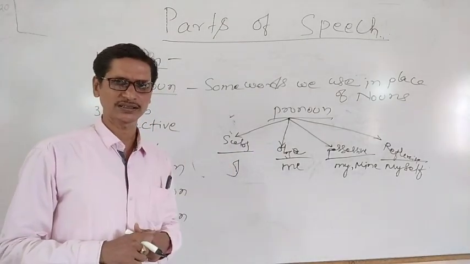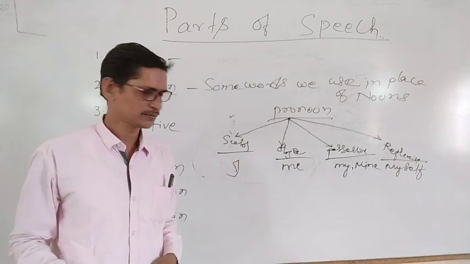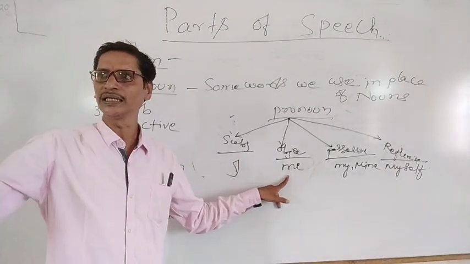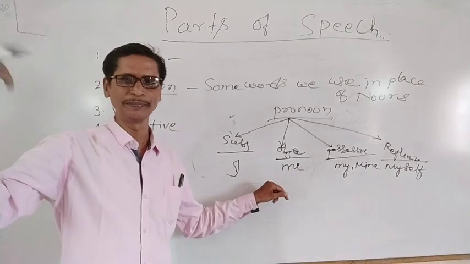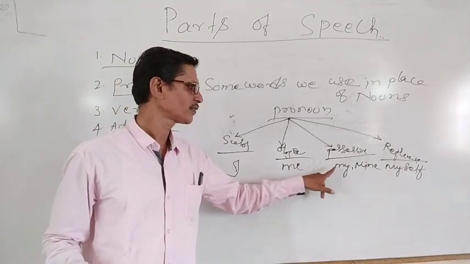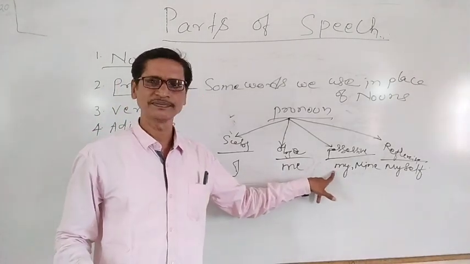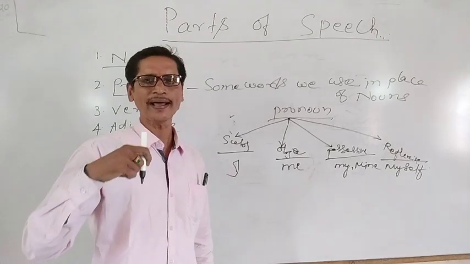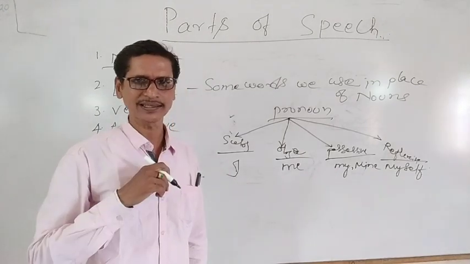As a subject, I'm a good boy. As an object, he told me a story. As a possessive, this is my pen. This pen is mine.